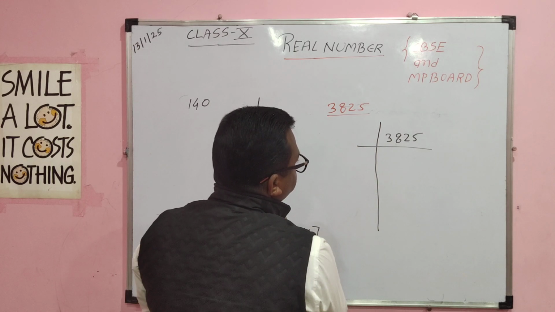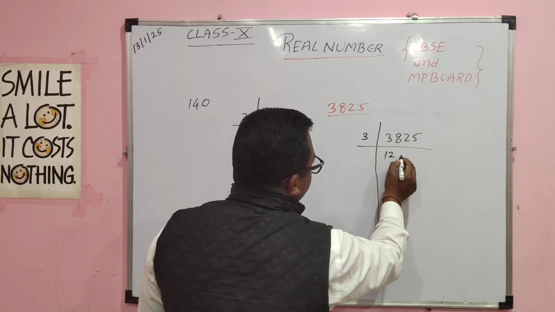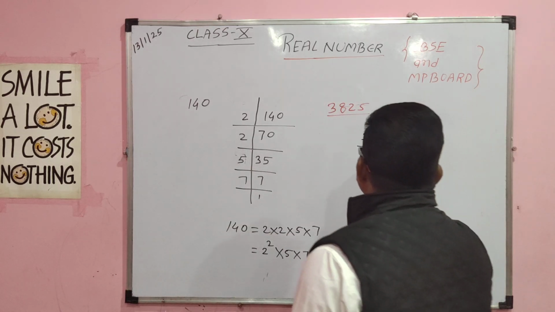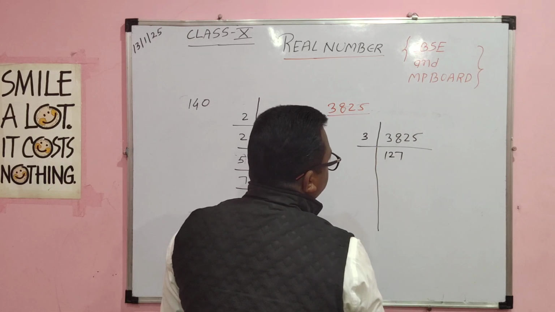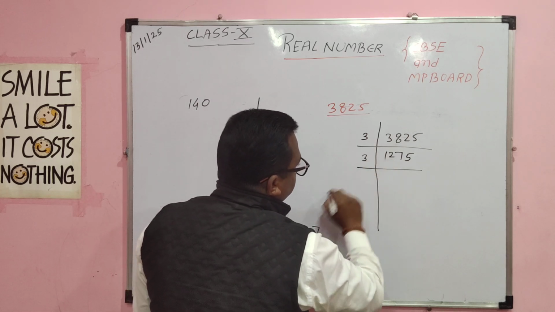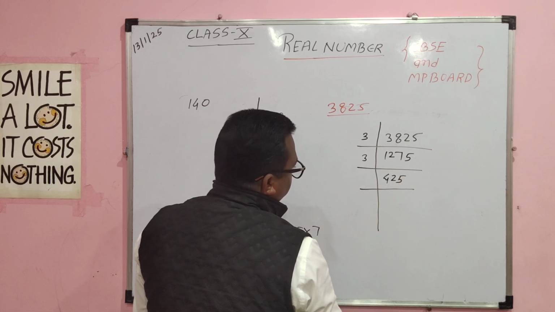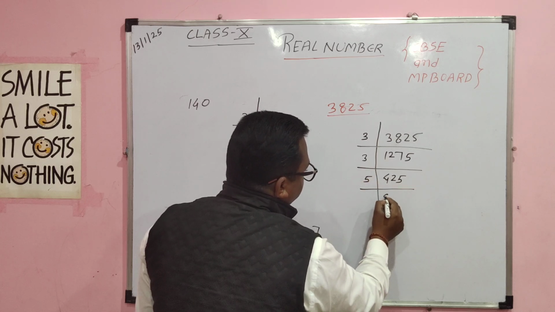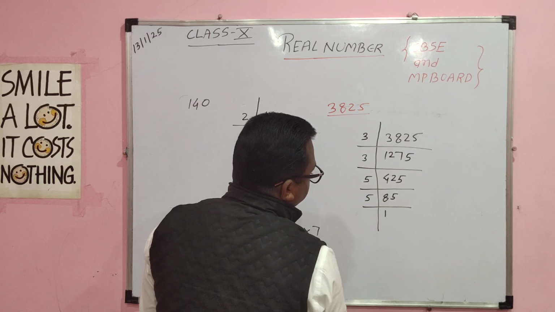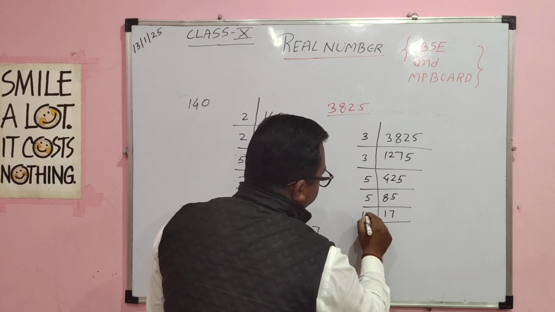By 3. 3 1s are 3, 3 2s are 6, and 3 4s are 12. Okay, it will go. 3 2s are 6, 3 7s are 21, and 3 5s are 15. So next is again 3: 3 4s are 12, 3 2s are 6, and 3 5s are 15. Then 5: 5 8s are 40, 5 5s are 25, 5 1s are 5, and 5 7s are 35. 17 1s are 17.